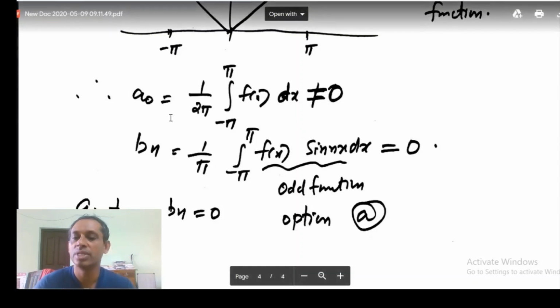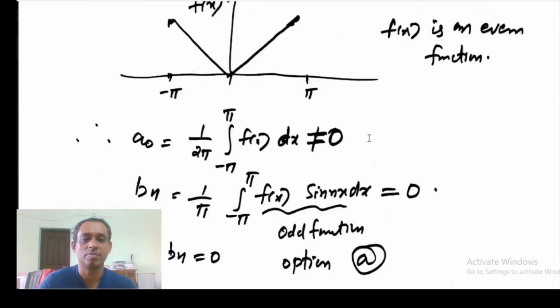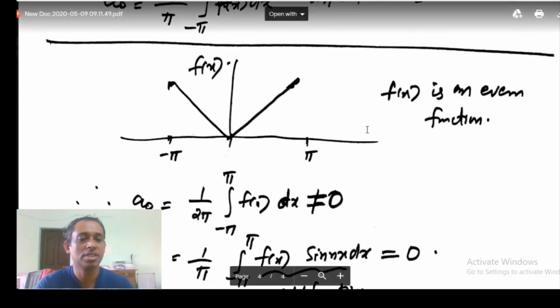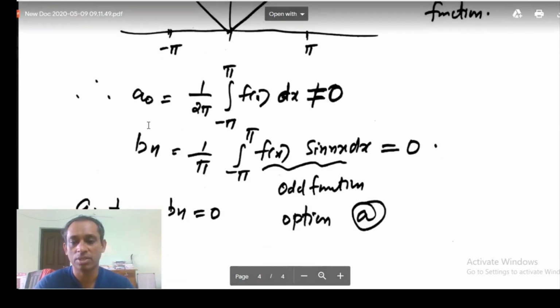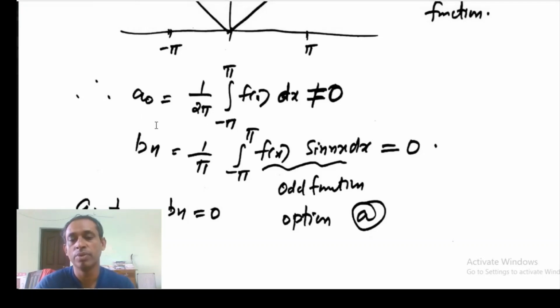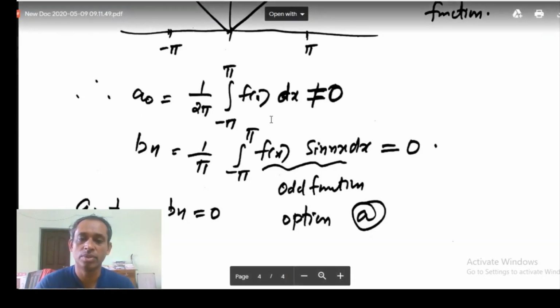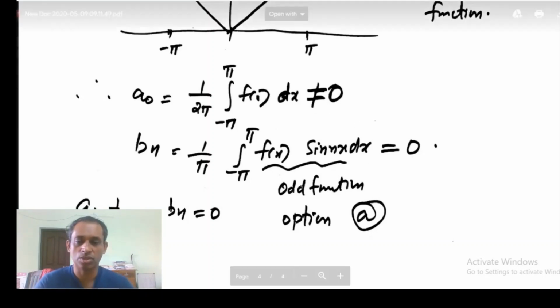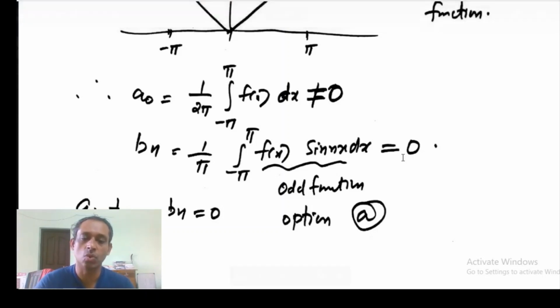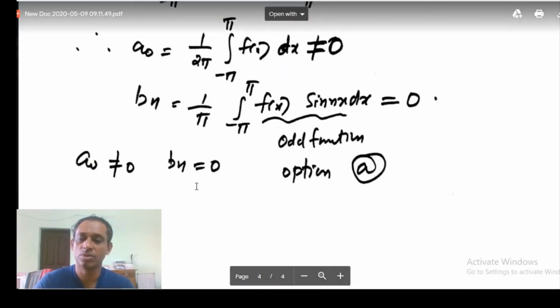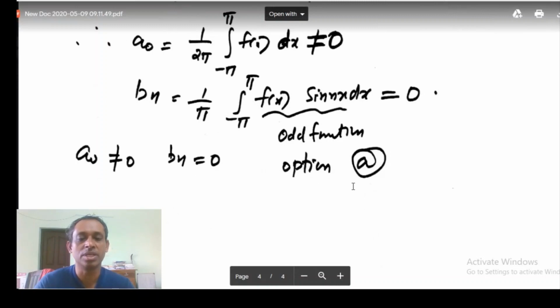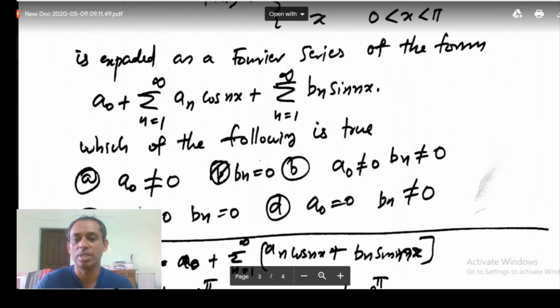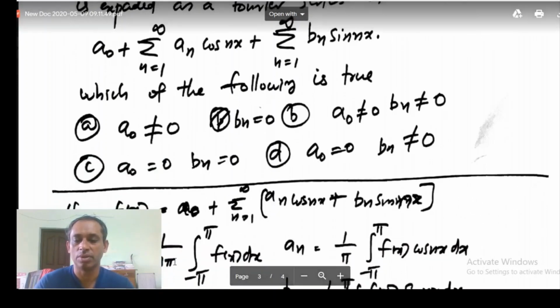So we are not evaluating a0 and bn directly, from the idea that f of x is an even function we know a0 is not equal to 0, but since f of x sin nx is odd, bn will be equal to 0. So a0 is not equal to 0, bn is equal to 0. So the correct option is A. Okay, a0 not equal to 0, bn equal to 0.